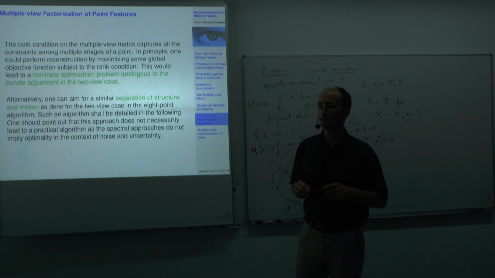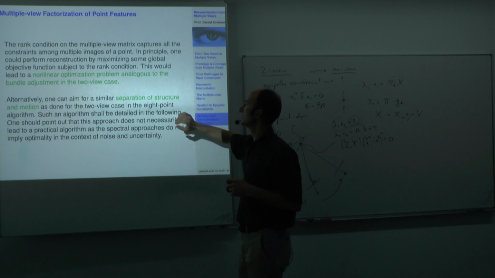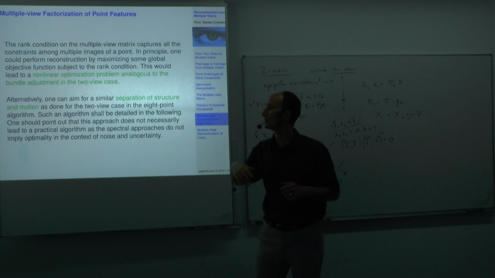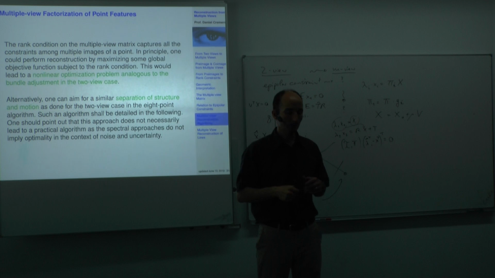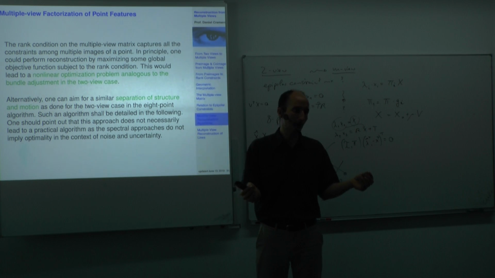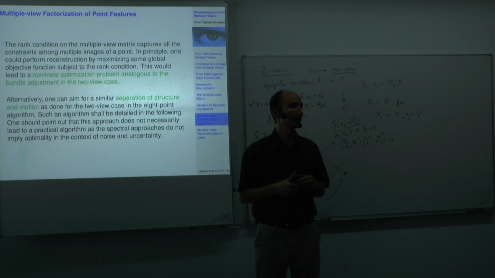The alternative to bundle adjustment is to separate and decouple structure and motion. You remember in the class we talked about these two strategies to do structure and motion. One is to try to estimate everything in one go, doing bundle adjustment, some nonlinear optimization. We said that's difficult because these energies are not convex, and so it's hard to compute minimizers.